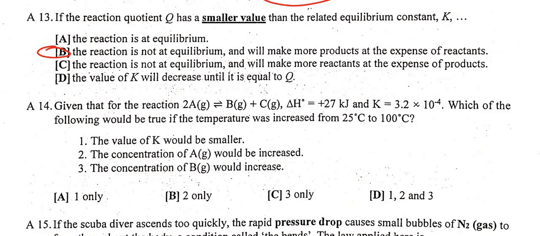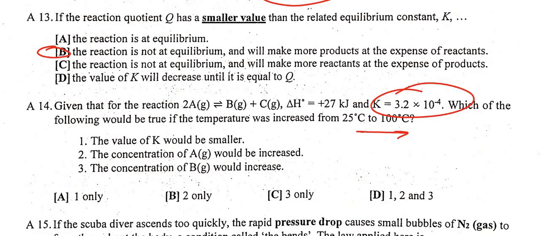Then the K gets bigger. The K value has to get bigger because the enthalpy is positive. The reaction speeds up because this is an endothermic reaction, meaning it needs heat to happen.